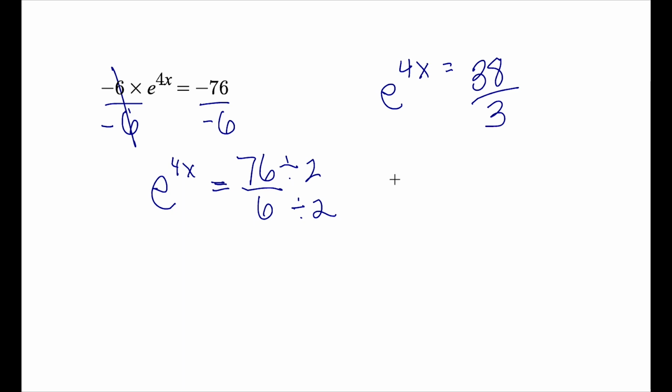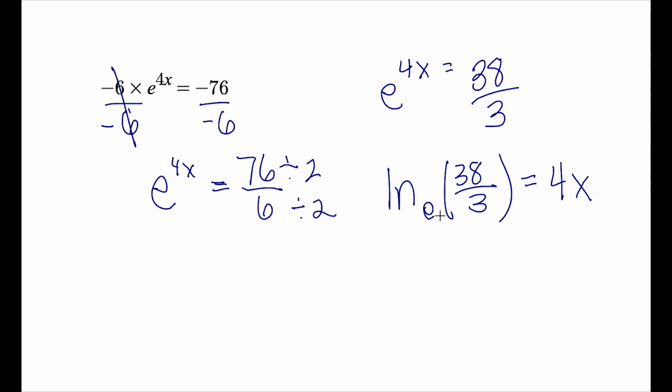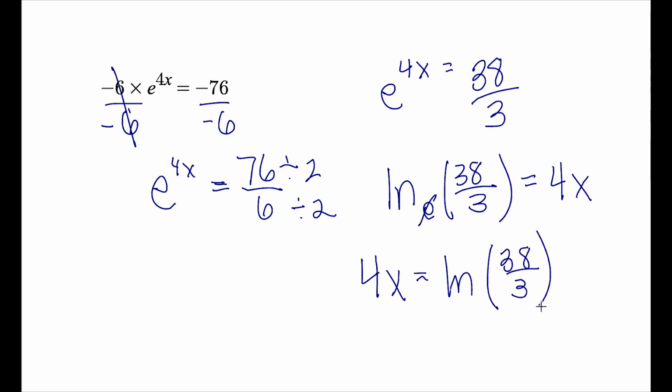Now put it into logarithmic form. Ln base e of 38 over 3 equals 4x. We can ignore the base. 4x equals ln of 38 over 3. Divide both sides by this coefficient. Dividing by 4 is the same as multiplying by 1 over 4.